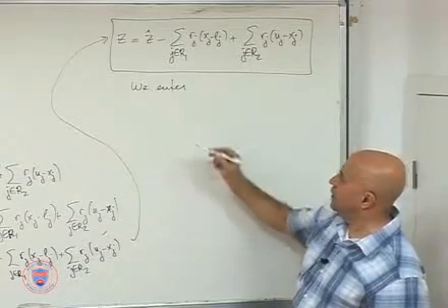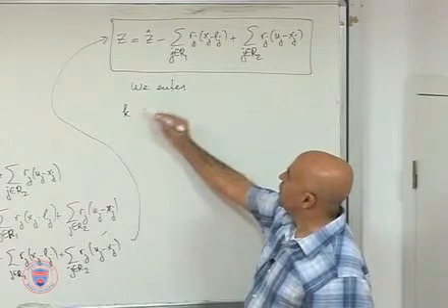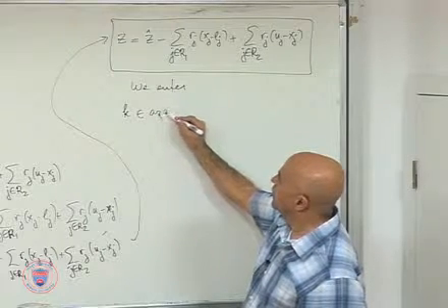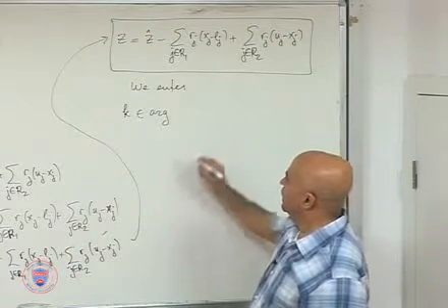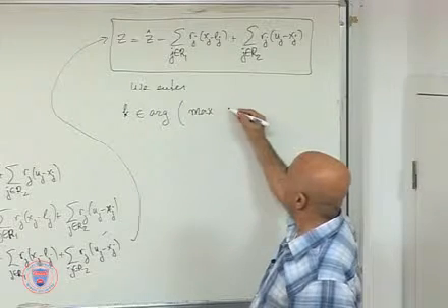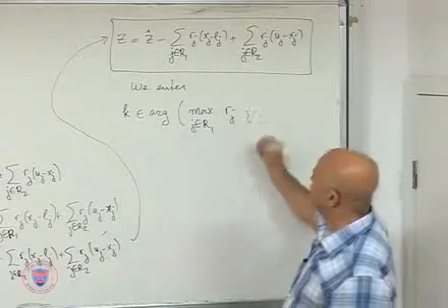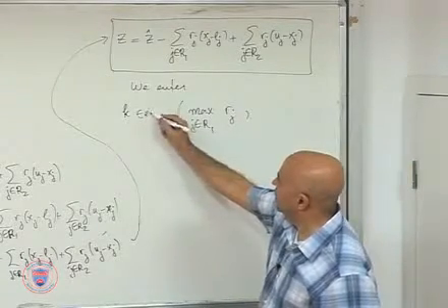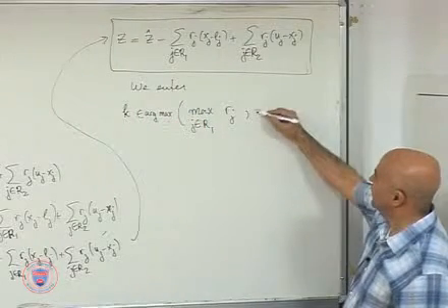But typically, what we do is we choose a variable k from the arguments of the maximum of the Rj's, j in R1, or I should say arg max of max, okay?